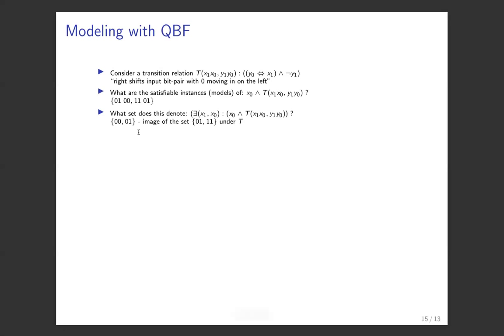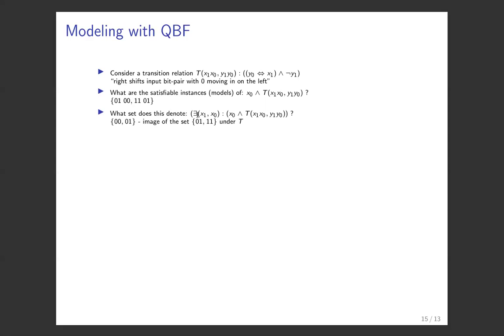So it is the image of this set, in which the least significant bit is 1. Here this is a formula over several variables. Now this one is a formula over just y1 and y0.